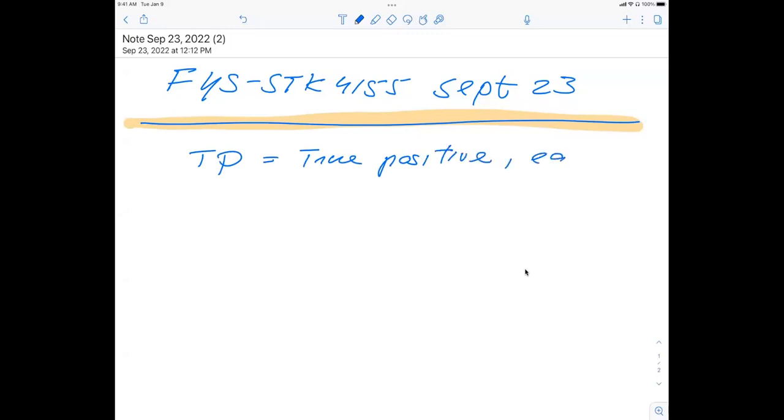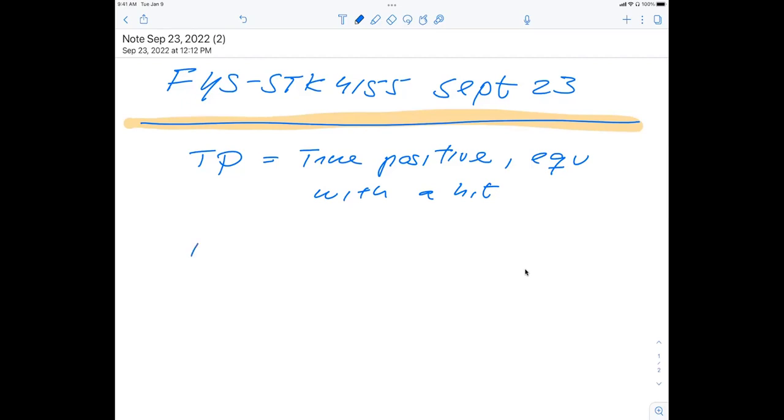This is equivalent with a hit, or that you have classified correctly the positive events. So in our case, we have zeros and ones. What you define as positive or negative, that's up to you, right? So you could set positive to 0 and negative to 1, or the opposite. So you just have to make the selection here.